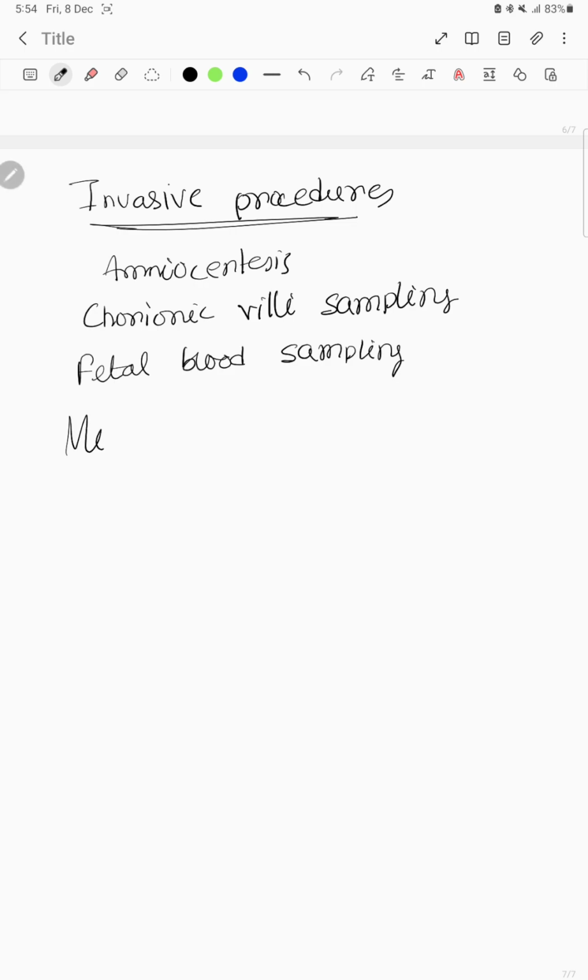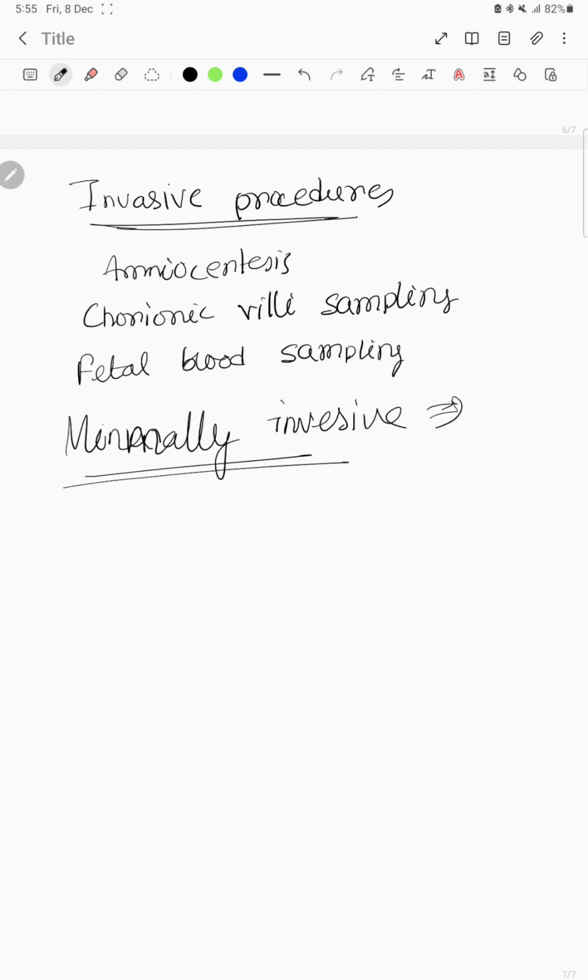Now let's talk about minimally invasive procedures. The minimally invasive procedure is obviously maternal blood screening. Why is it minimally invasive?